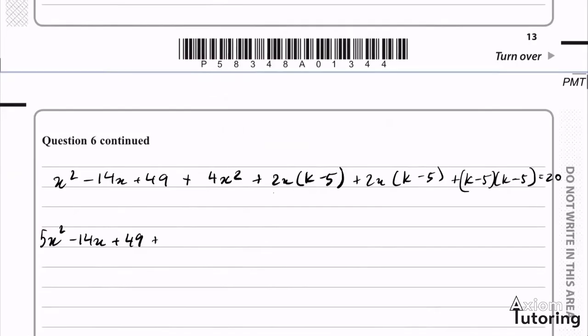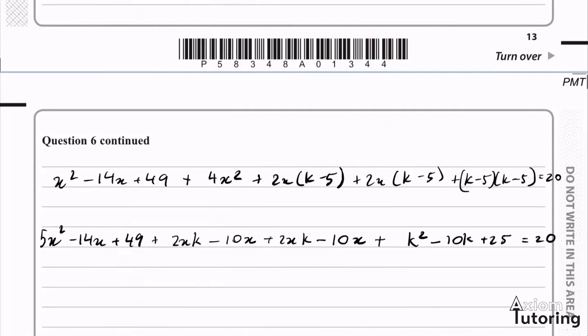And then we have plus 2x times (k minus 5), so 2xk minus 10x, plus 2xk minus 10x. And then plus, we have k squared minus 10k plus 25 equals 20.